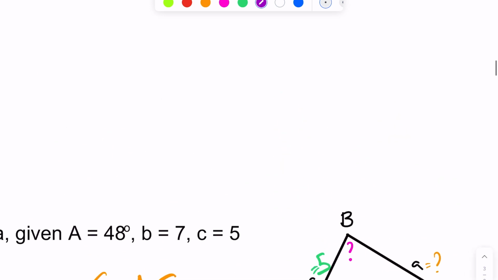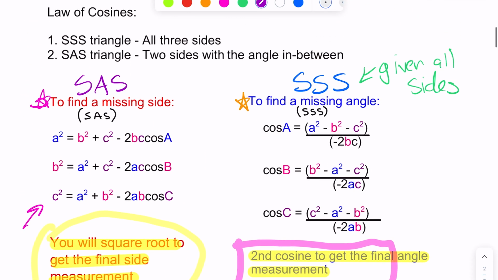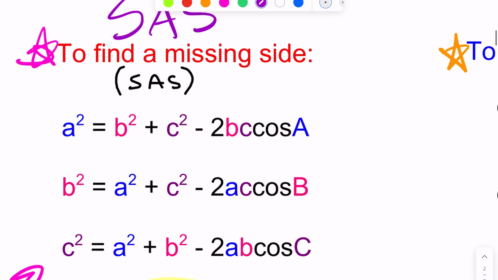Now this is very important because as I go up and look at my formulas, in order for these to work, I need all of the information that is on the right-hand side of my equal sign.